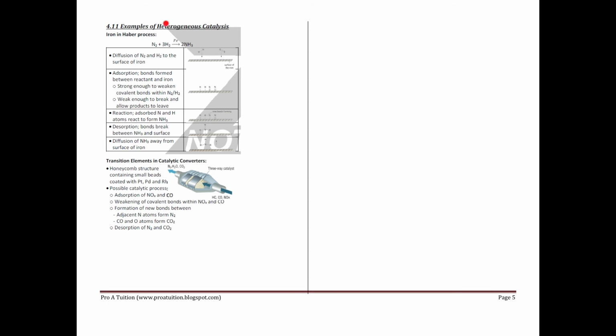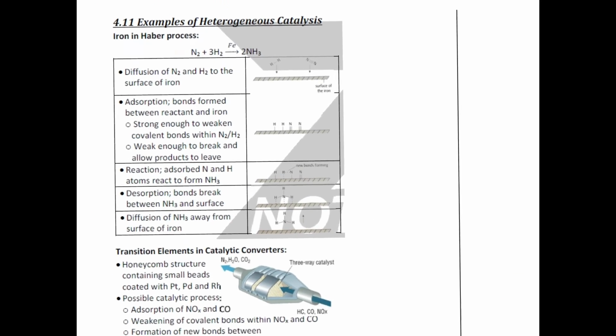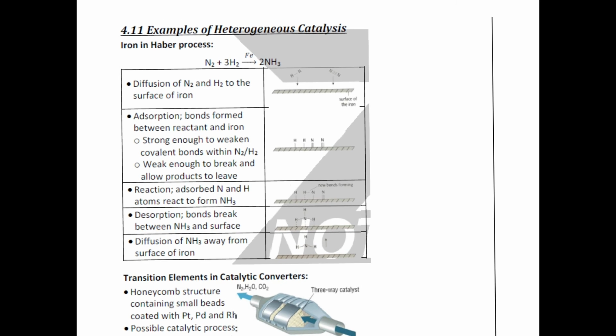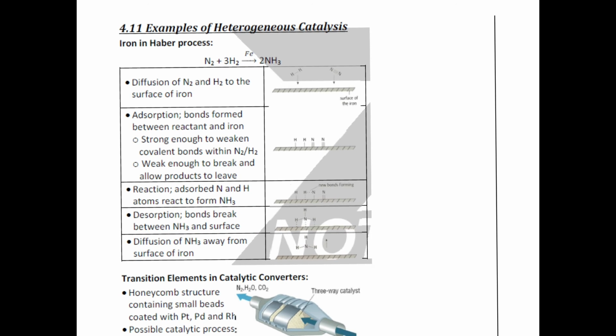Examples of heterogeneous catalysis. Iron in Haber process. Okay, so let's see, we zoom a bit. The picture is a bit small.